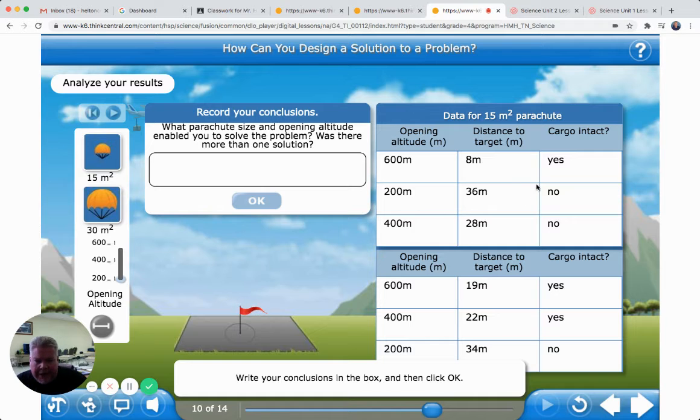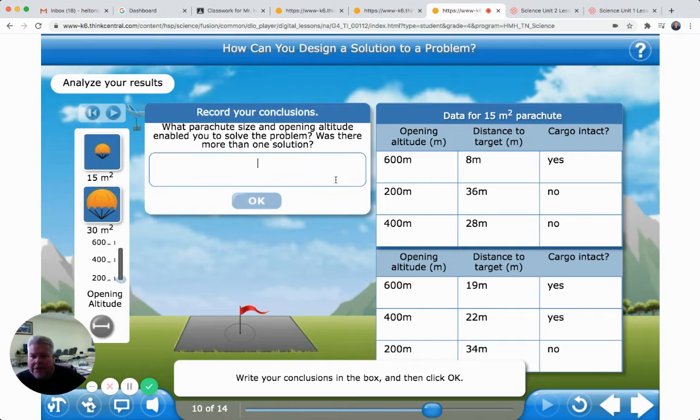So the only one that landed within 10 meters was the smaller parachute, the 15 square meter parachute, with the altitude of 600 meters. It was within 10 meters.